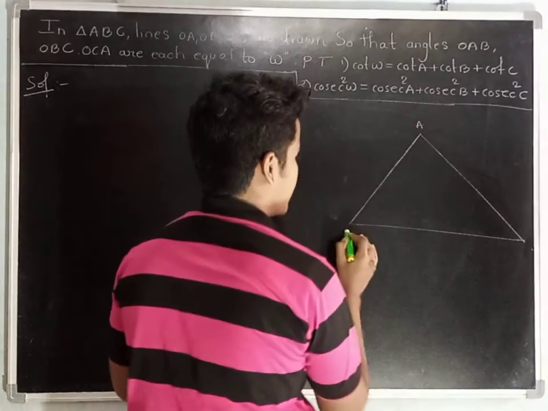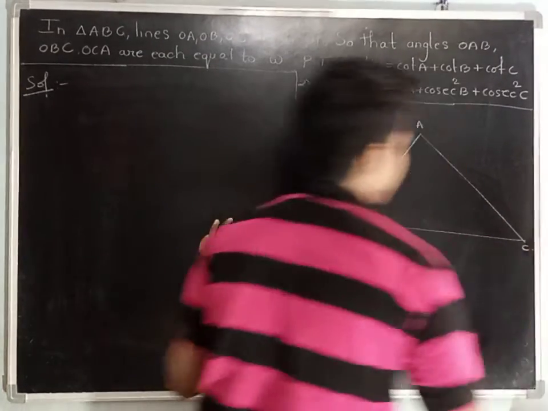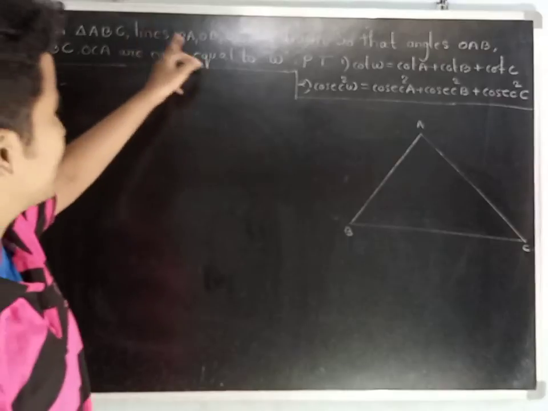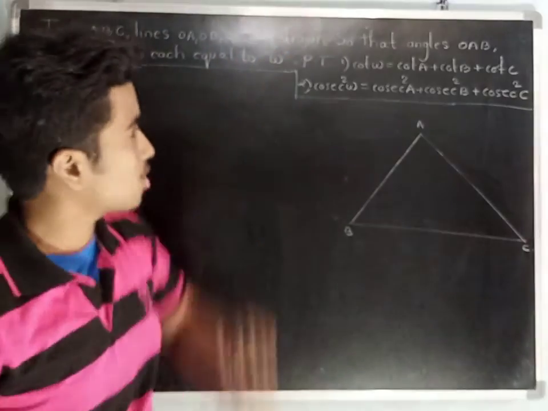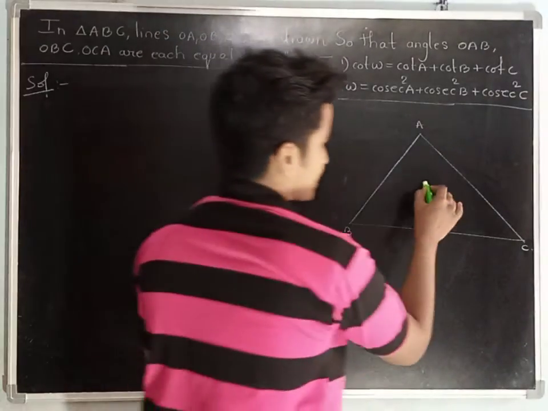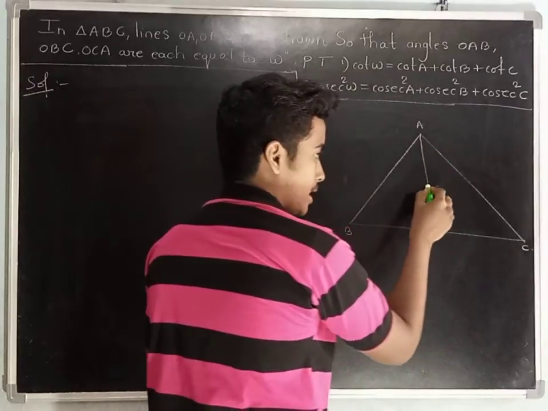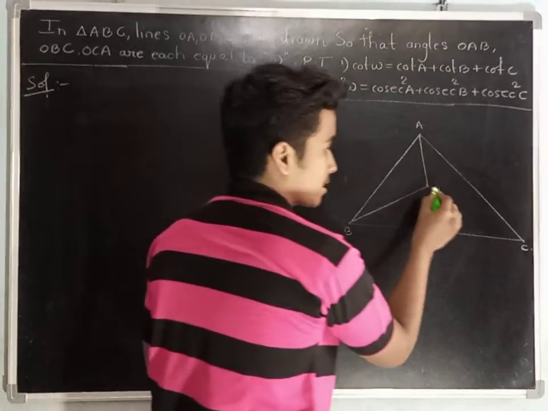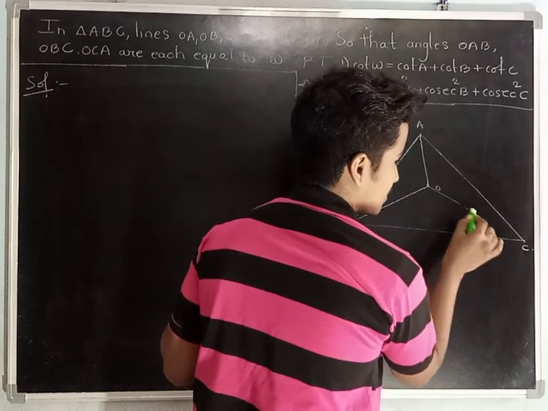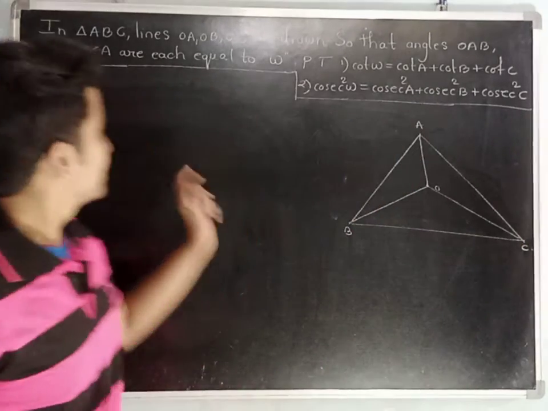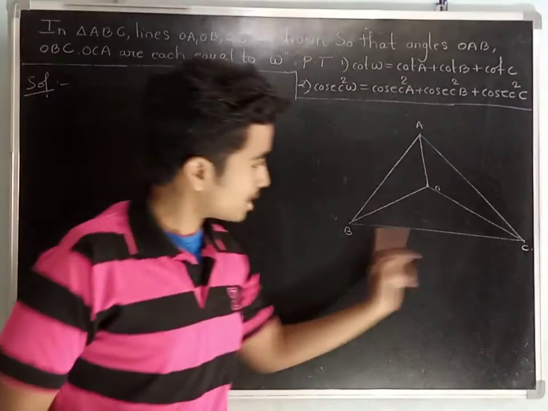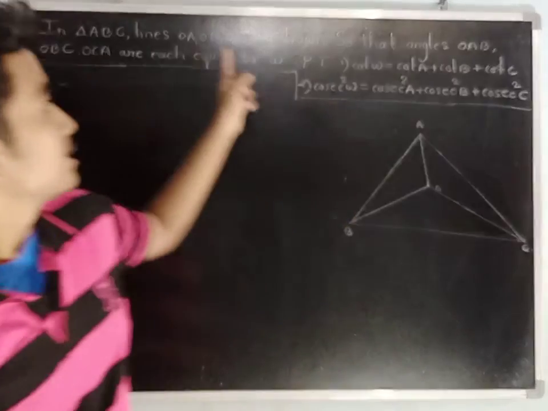Let me consider triangle ABC. Now, lines OA, OB, OC are drawn. Let me consider a point O here and I will join OA, OB and OC, right? He has given triangle ABC, so I have considered triangle ABC.